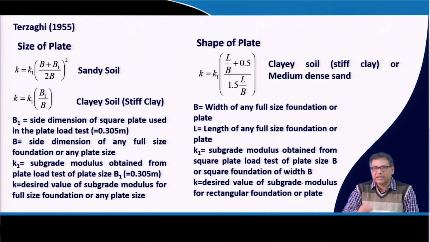So, in such case you have done the test for a 30 centimeter plate, then first you convert it to the 1 meter cross 1 meter plate or foundation by using this size of plate equation.